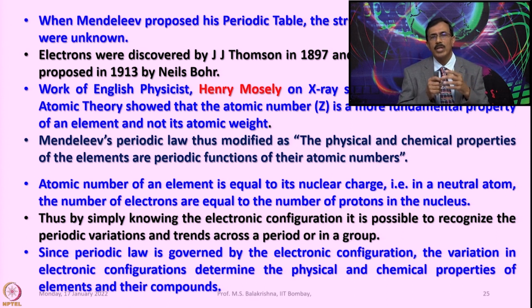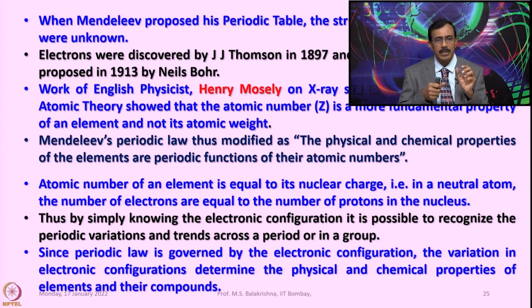So, the atomic number of an element is equal to its nuclear charge, that is, in a neutral atom the number of electrons is equal to the number of protons in the nucleus. Thus, by simply knowing the electronic configuration, it is possible to recognize the periodic variations and trends across a period or in a group. That means you know how important the periodic table is for us to understand the physical and chemical properties and also predict their structural features, reactivity and also application in various aspects.